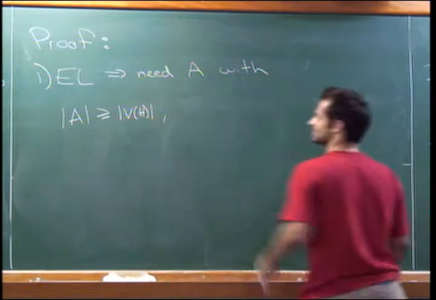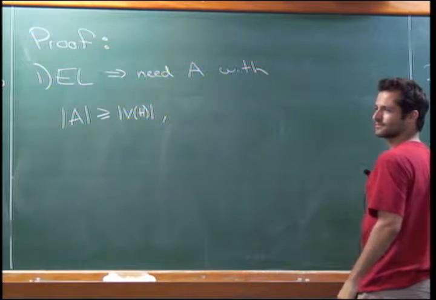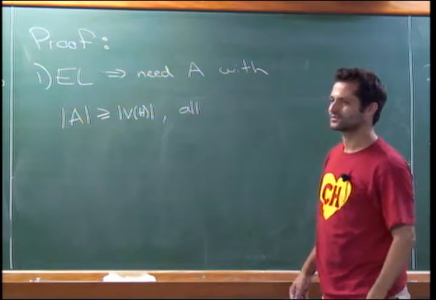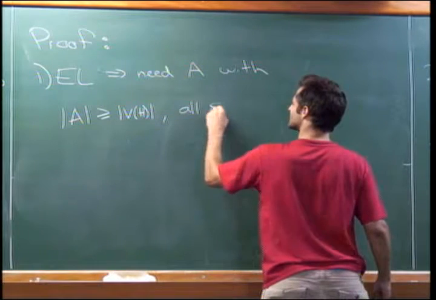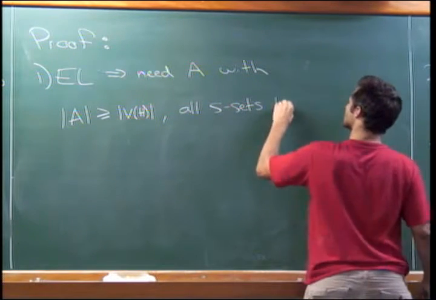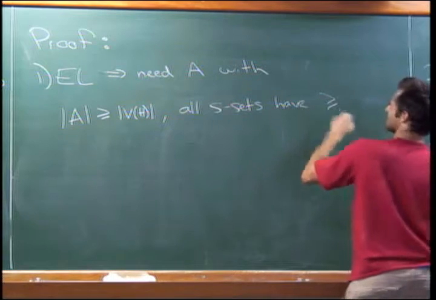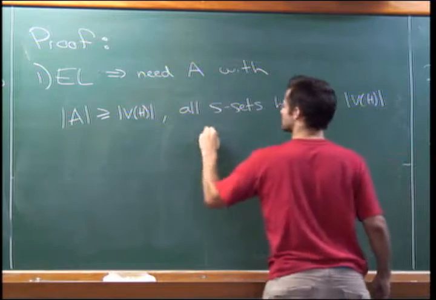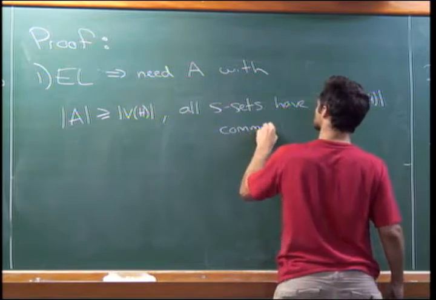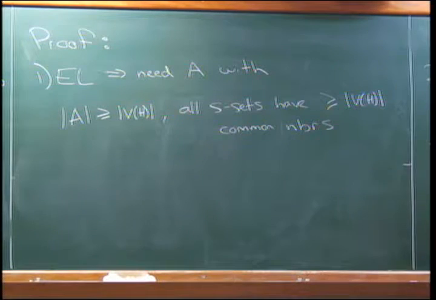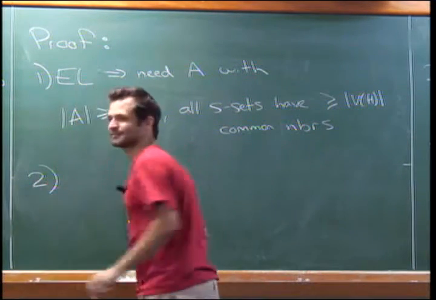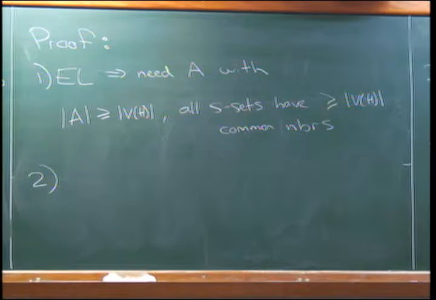All S sets have at least how many, v(H), common neighbors? Right. Cool. So if we can find such a set, then we're done.